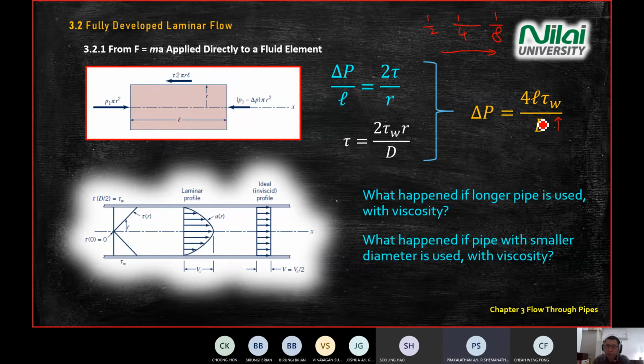So if you have a bigger pipe, your delta P will become smaller. Delta P will drop if your D increases. If you use a bigger pipe, the pressure drop will be lesser compared to a smaller diameter.